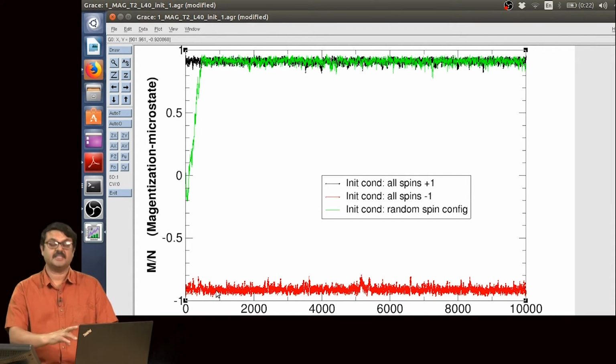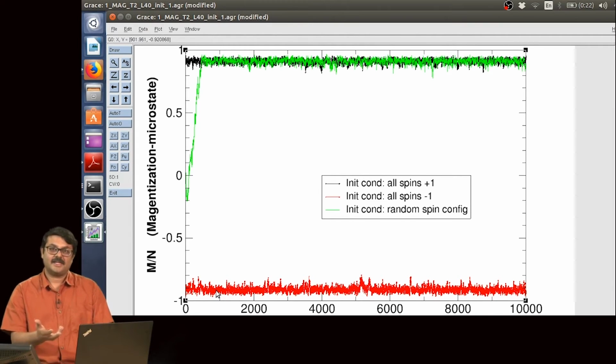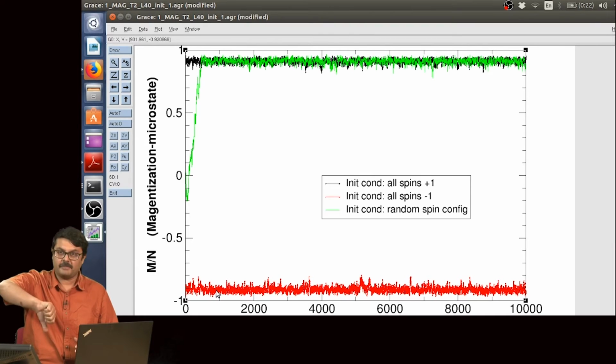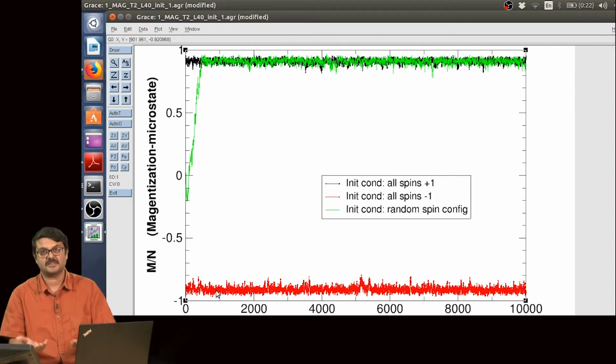You might say that well, the value of the magnetization is drastically different from +0.9 to -0.9, but the point remains that whether you call this up or this up, it is a matter of convention. The thermodynamic state is a large 90% of the spins pointing up or down predominantly and a few pointing in the opposite direction.